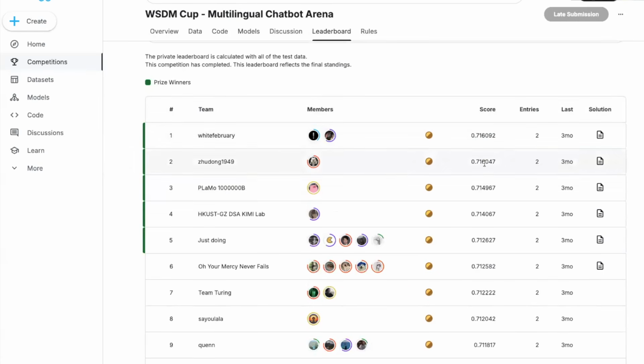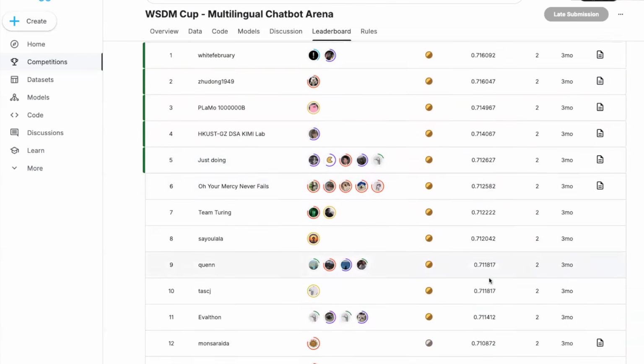The top two winners have almost exactly the same score. I would say the first winner has some luck in it, a slight advantage over the second winner here. And then they have a slight gap with the third and fourth place.